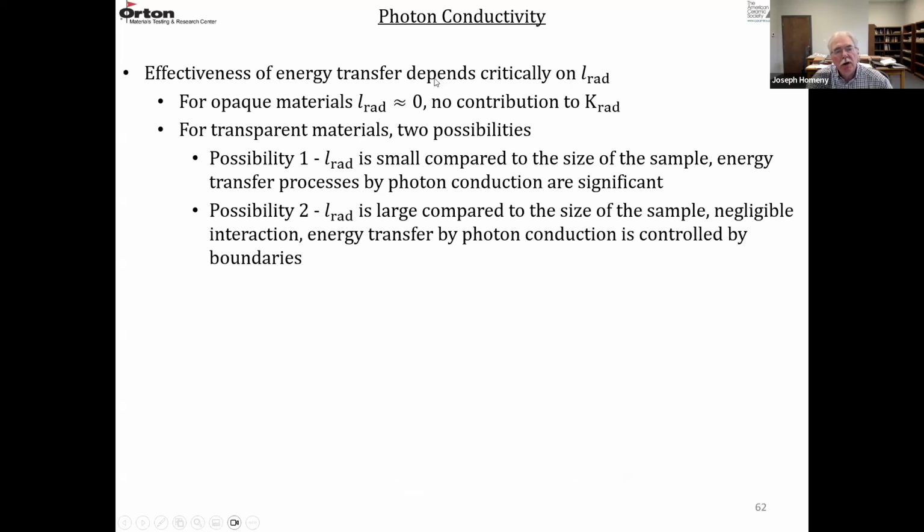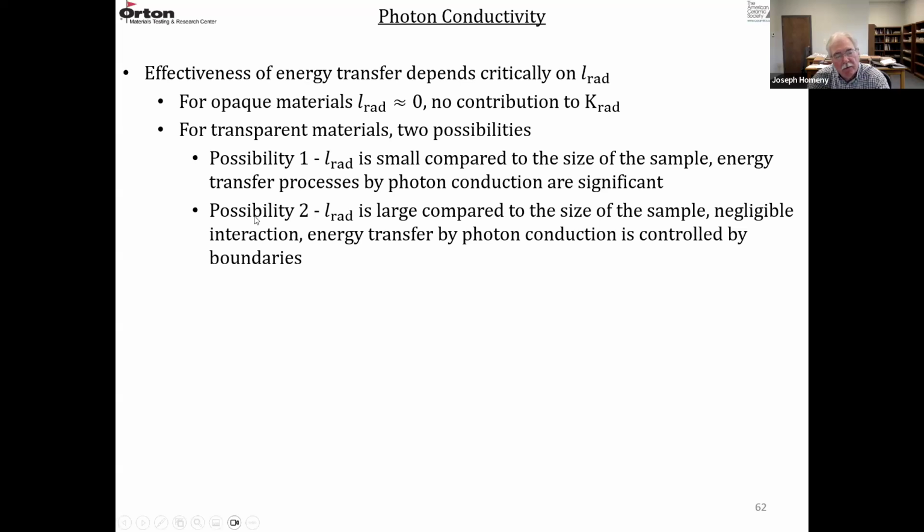So the energy transfer really depends on the radiation mean free path L. For opaque materials such as a refractory, the mean free path is zero, so there's no contribution to K radiation. If you have a transparent material, you have two possibilities. The first possibility: the mean free path is small compared to the size of the sample. When you have a small mean free path, energy transfer takes place by photon conduction.